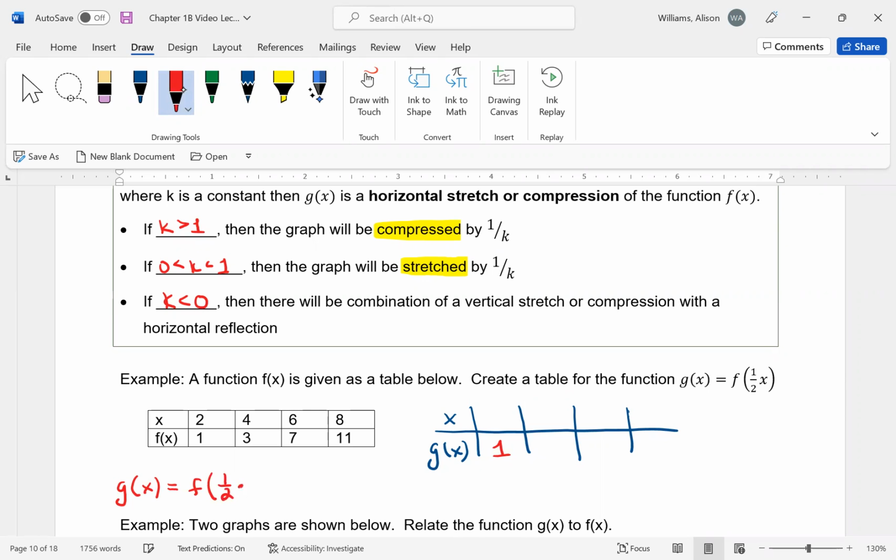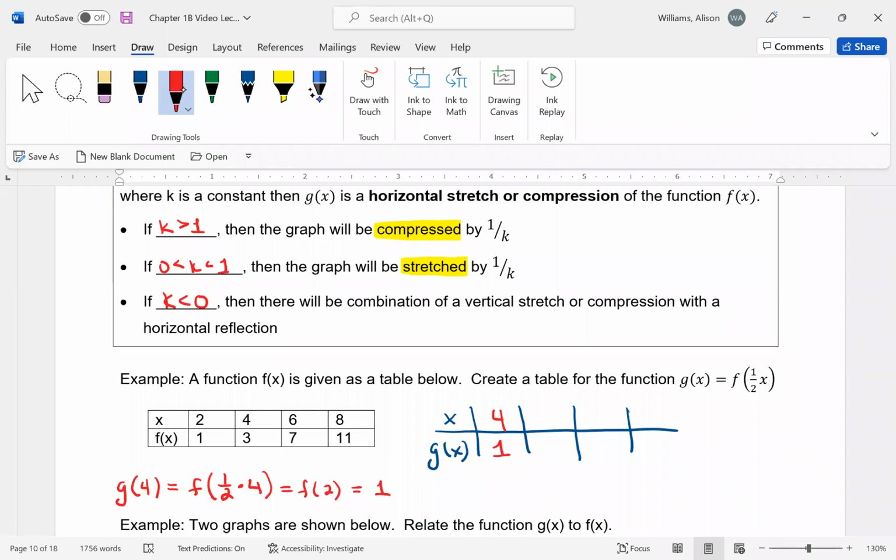So that means I need to plug in 4. So plugging in 4 is going to give me f of 2, because 4 times a half is 2, and that comes out to a 1. So g of 4 is going to give me 1.